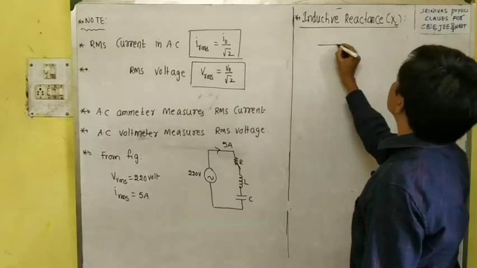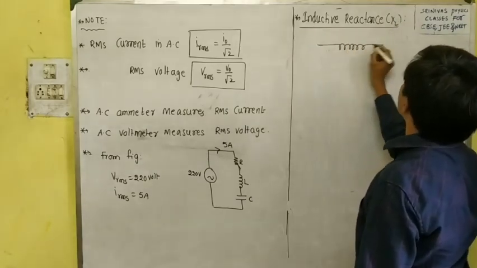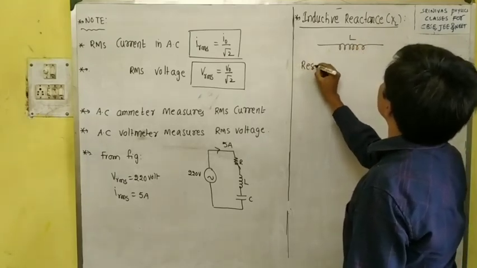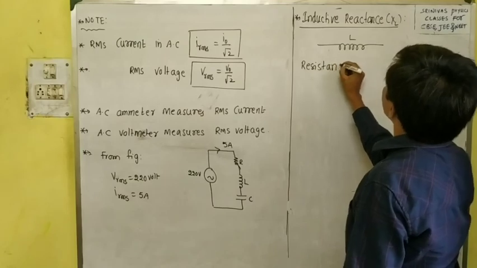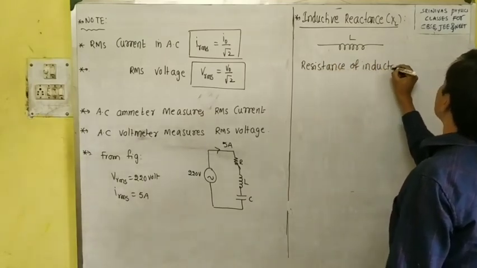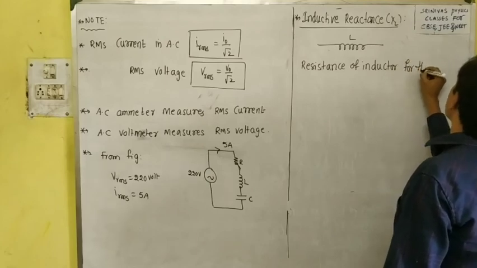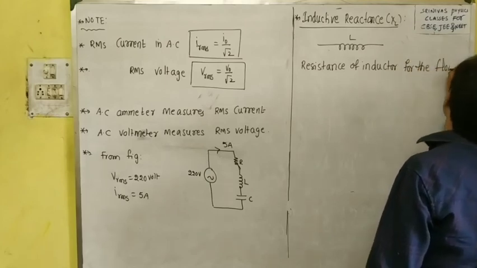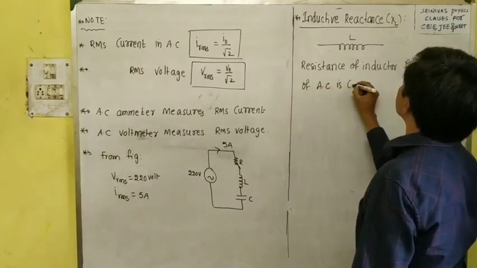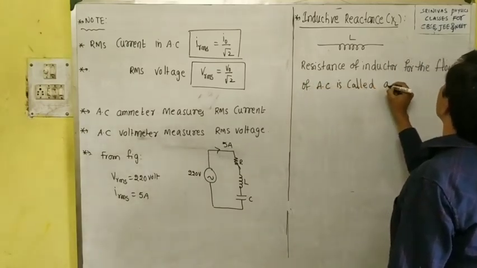This is the resistance of an inductor for the flow of AC. The resistance of an inductor for the flow of AC is called inductive reactance.